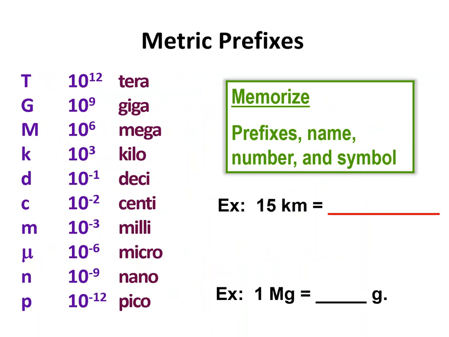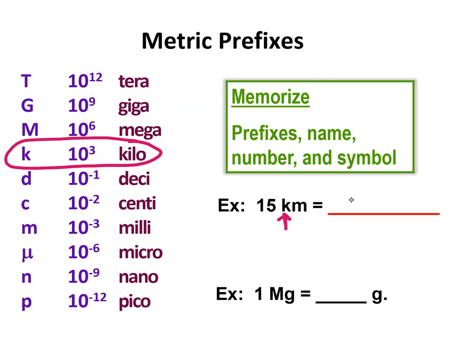With those base units, we can use these prefixes, and you need to know these prefixes and how to use them. If you memorize these and get used to writing them in order, then if you have a number like this and I see the K, I just remember that K is for kilo, and that letter K really means 10 to the third.